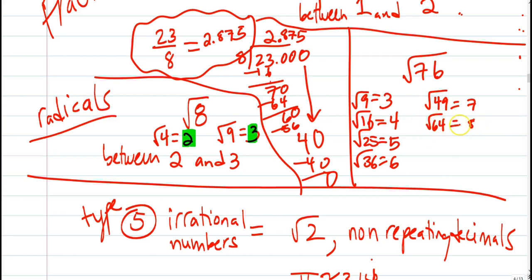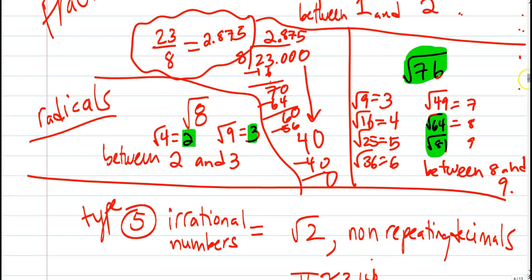We're getting pretty close, right? 64 is pretty close to 76. And 9 is the square root of 81. I know that 76 falls between these two numbers, which means that the square root of 76 must be between 8 and 9.